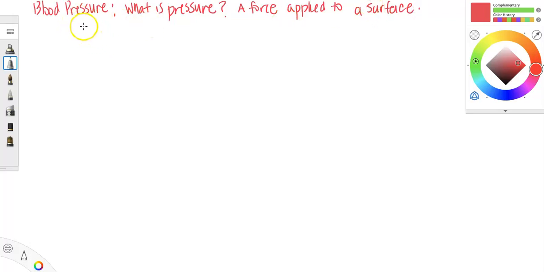So we could say that pressure equals the force divided by the surface area. And we measure that in the body in millimeters of mercury.